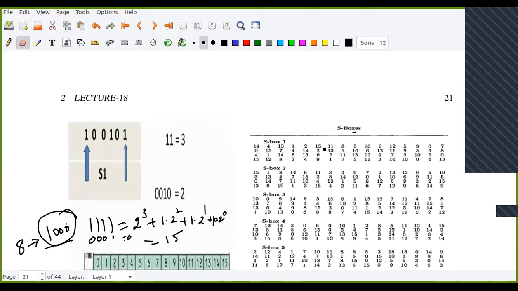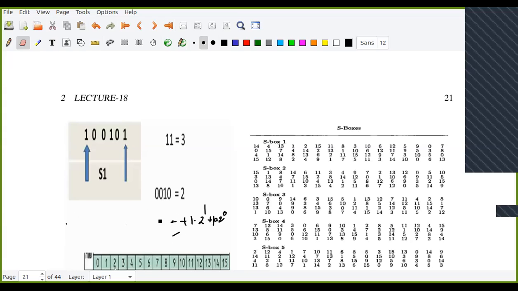So these are called S boxes. An S box is a function which converts input of length 6 to output of length 4. Is the S box clear? Yes, sir.